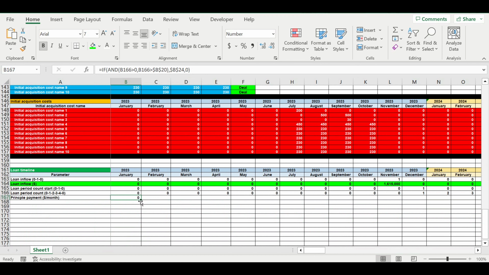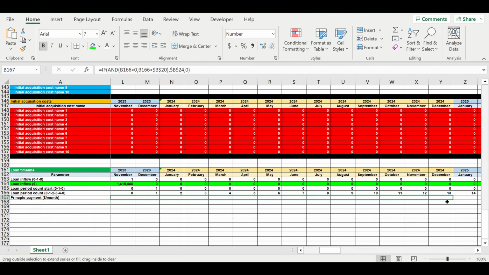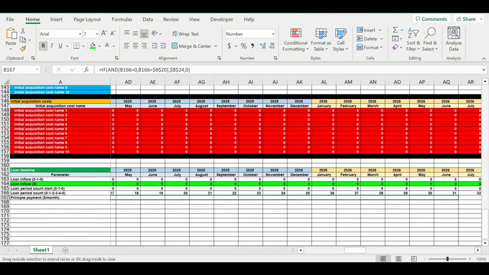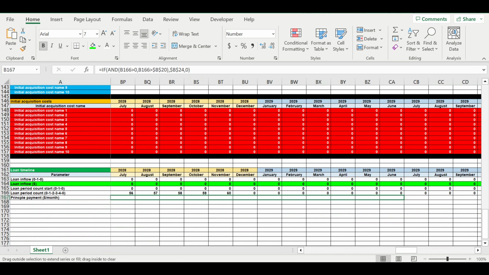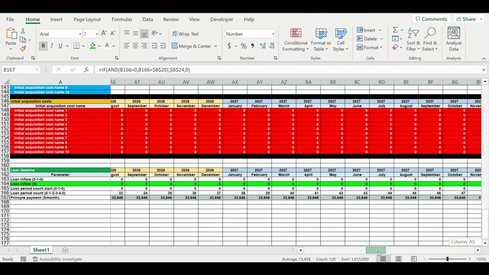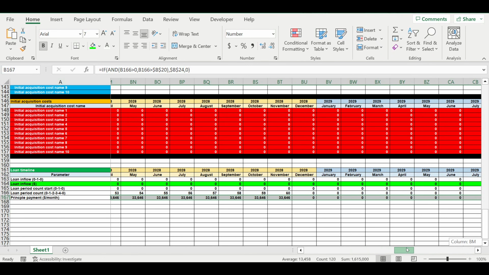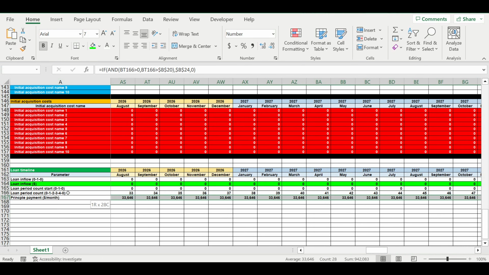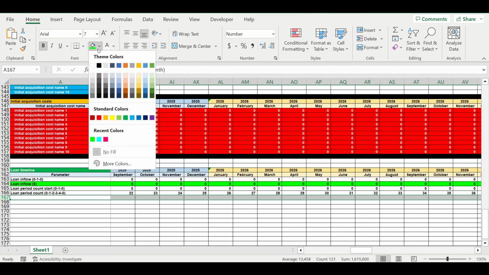So this will be the principal payments. This is the amount of principal paid. This line will go to the cash flow statement, so we are coloring it with red.